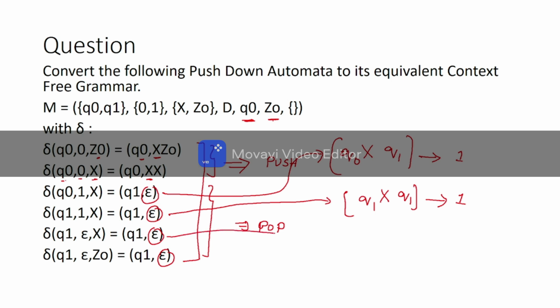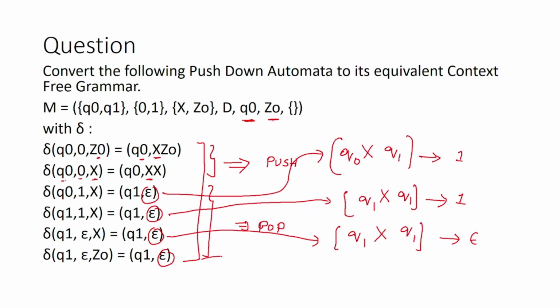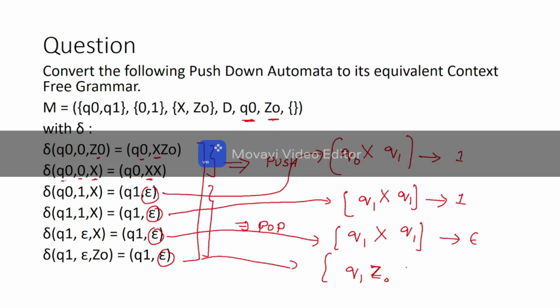And for the next one, from where it starts, Q1. When it starts, what is the top stack symbol, X, where it goes, Q1, upon giving input epsilon. And the last one is Q1, right, Q1 and Z0, the stack symbol is Z0, where it goes, Q1, upon receiving epsilon it goes to Q1, right.